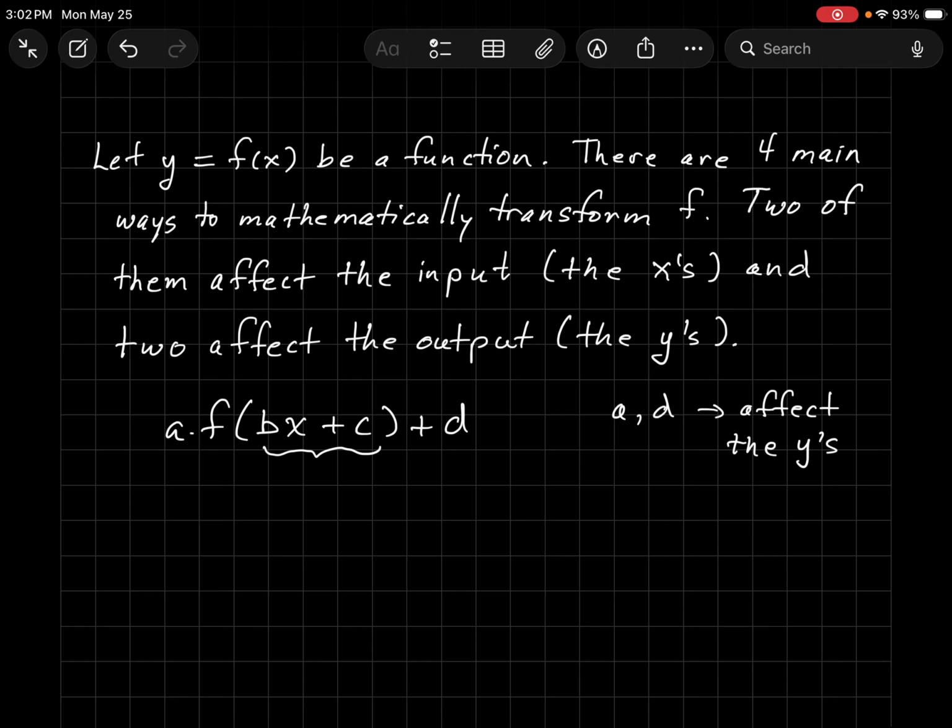So inside the parentheses is the input, and outside the parentheses is the output, which means that b and c are going to affect the input, or the x's. In this video, we're going to look at what happens when we multiply our function by a number, that is a times the function, or if we add a number to the function, that is the plus d.